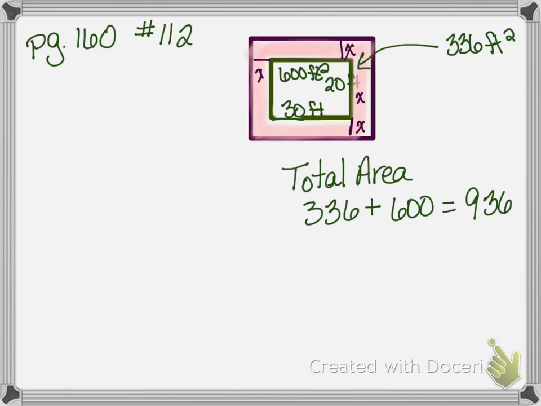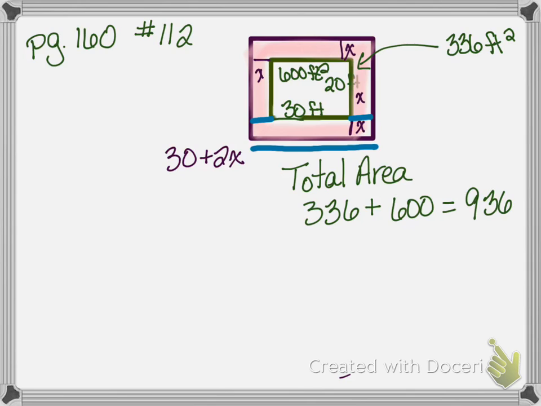So if I look at this 30 feet right here, 30 is just the length of my pool. I've got an X value here, and I have an X value here. So the length of my entire area is going to be 30 plus 2X.